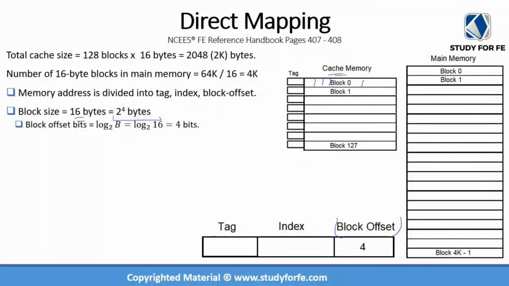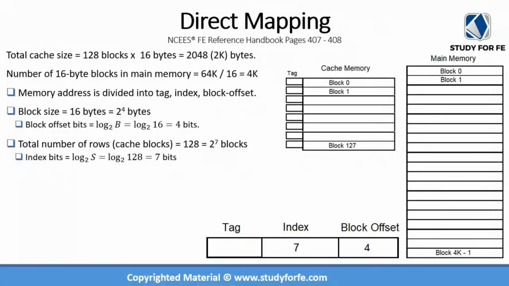The length of these bits will be equal to log base 2 of the block size. So log base 2 of 16 is equal to 4. So if we have 4 bits in the block offset, we can actually access any byte within the block. Okay, because with 2 raised to power 4, you can go from 0000 all the way to 1111. Okay, so you can access all 16 bytes within the block.